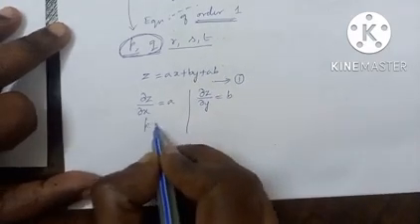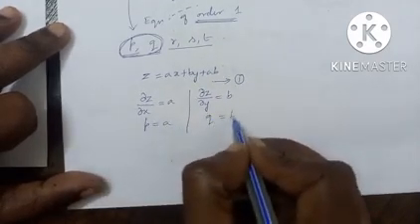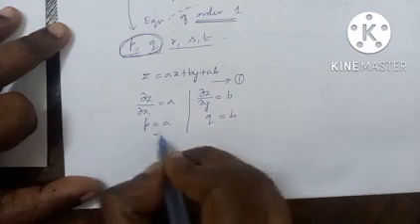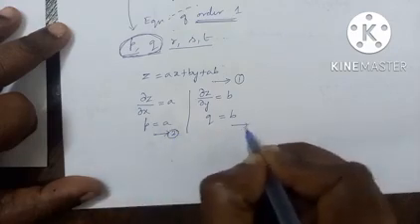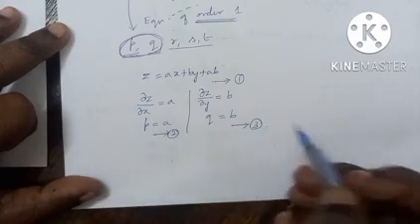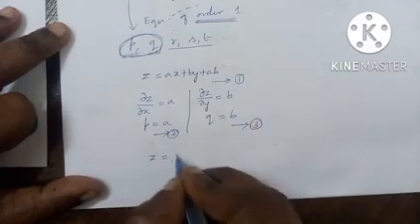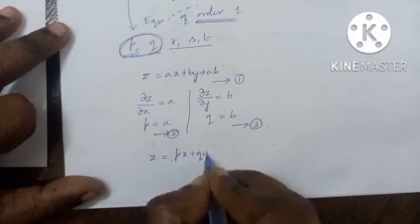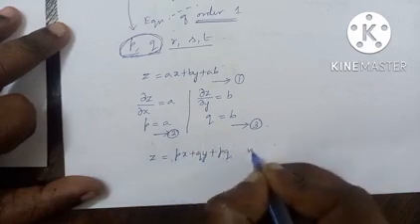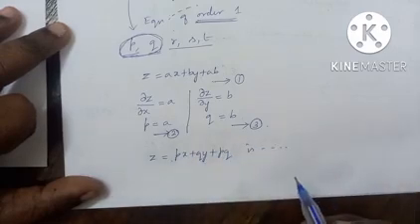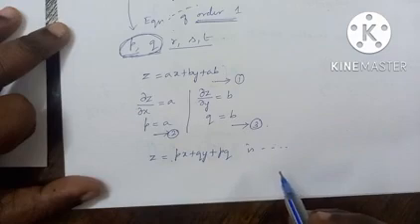We know the notation: it is actually p, and this is q. So this is our second equation, and this is our third equation. Substitute the second and third equations in the first equation: z equals px plus qy plus pq, which is the required partial differential equation.